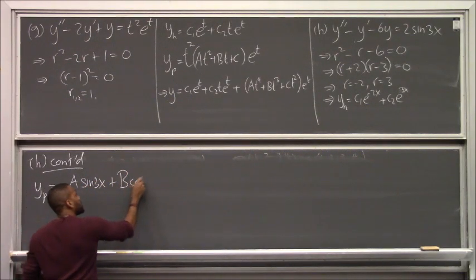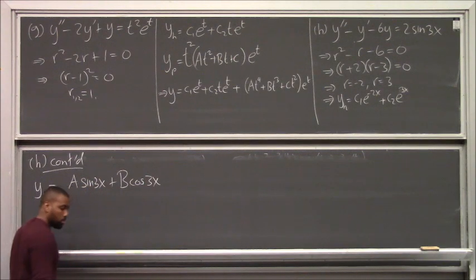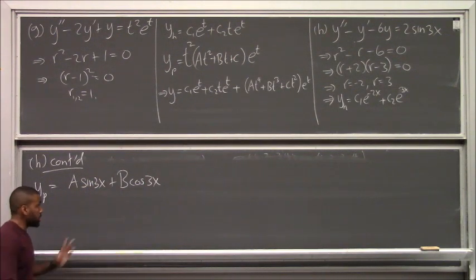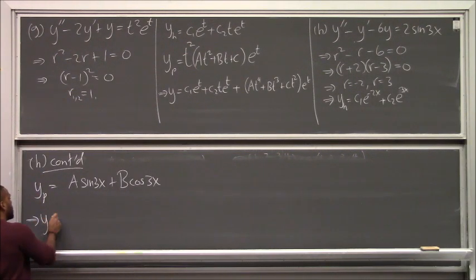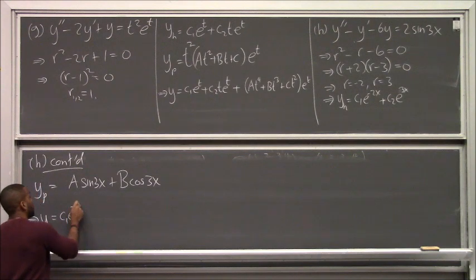Once either a sine or a cosine shows up, you have to put a sum of both because they turn into each other when you're differentiating. So now you check for any overlaps. No overlaps. So this means our general solution is going to have that form.